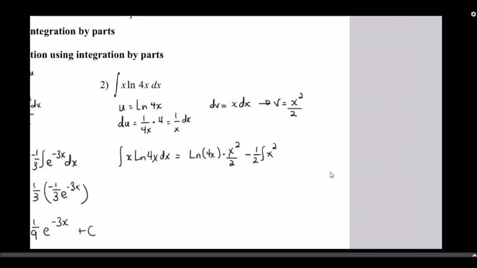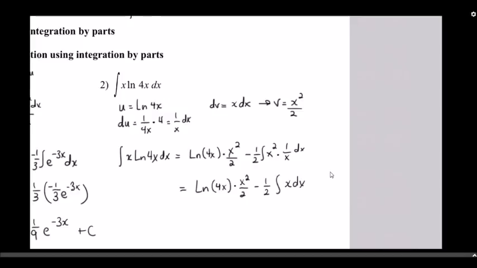So there's v times du. Remember, du is 1 over x dx. And then this x squared times 1 over x is the same as x squared over x, which is just x. So this is natural log of 4x times x squared over 2 minus 1/2 times the integral of x.